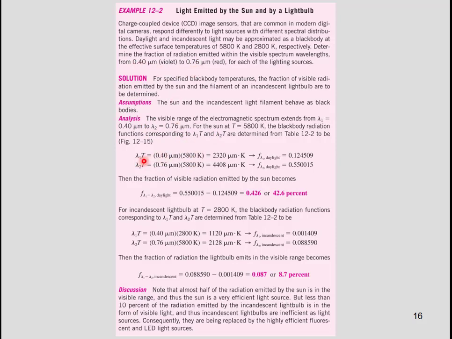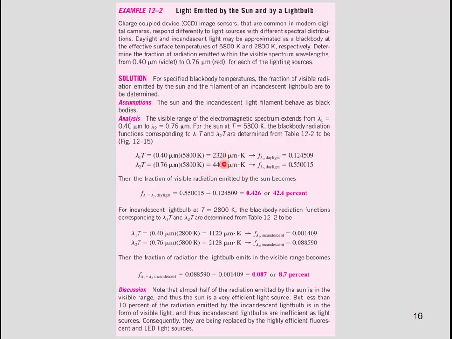So lambda 1 T will be equal to 2320 micrometer times Kelvin, and lambda 2 T is 0.76 micrometer times its temperature for the sun, which is 5800 Kelvin. Then we can calculate this. So we have F lambda 1 for daylight, F lambda 2 for the daylight as well.